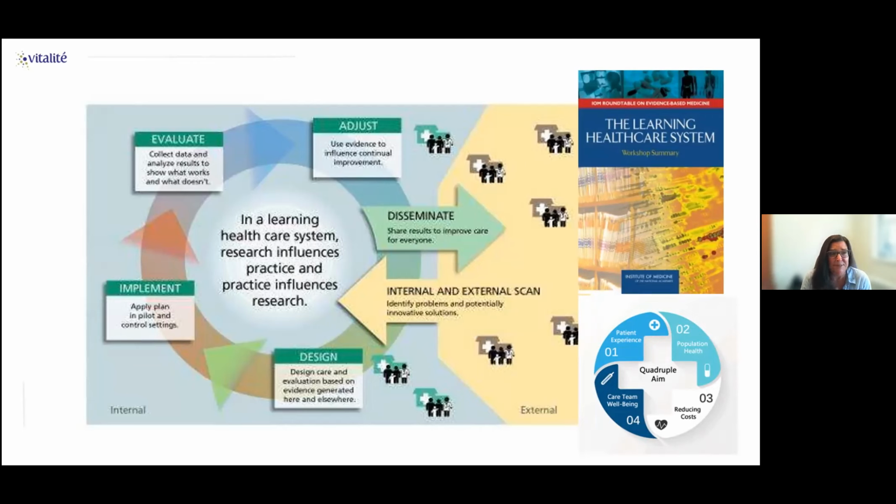To us, it was a way to make research accessible and to use research differently and in a meaningful way for our system. So again, this idea of what a learning health system is that research influences practice, but practice also influences research. So not minimizing the impact of patients and what patients can bring to the table, and use patient and the patient encounter experience as a catalyst for change.